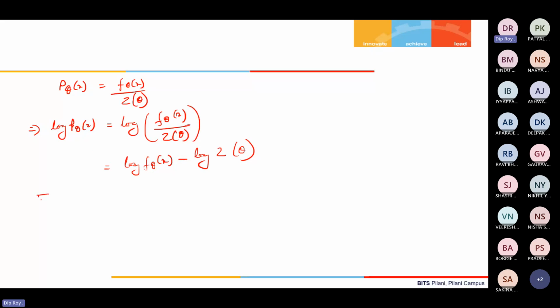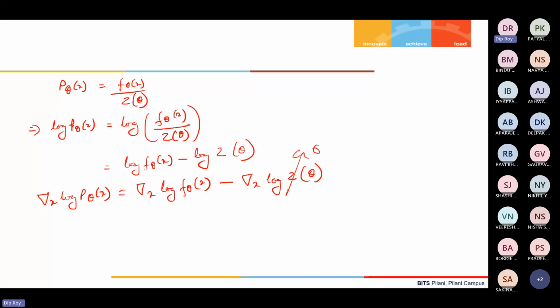We take the derivative with respect to x, and we get the gradient of x of log p theta x equal to the gradient of x of log f theta x minus the gradient of x of log Z theta. And this is a derivative with respect to x. There is no x here. This is a constant, so this will be 0.